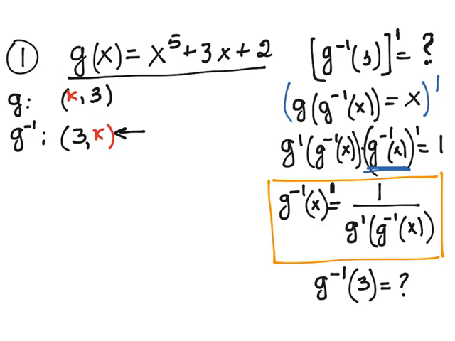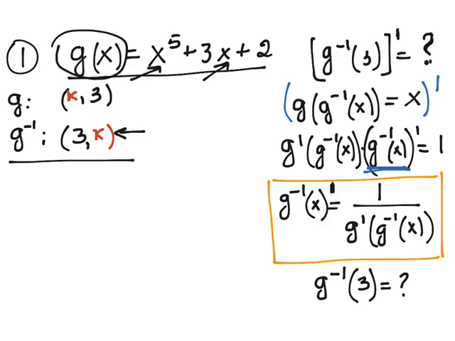We don't know, but we do know that g of k equals 3. So if we replace this part right here with 3, which is the y value, we can find the k value, which is the x, and then plug it into this function.